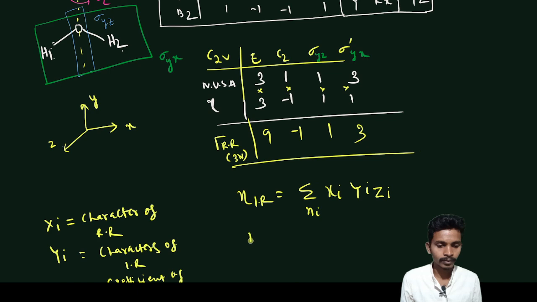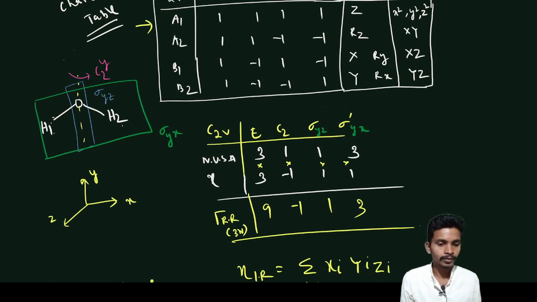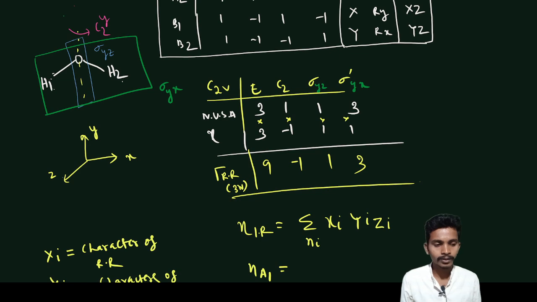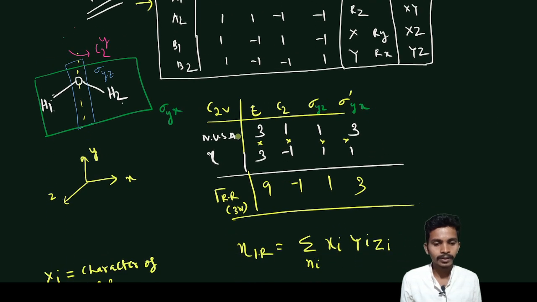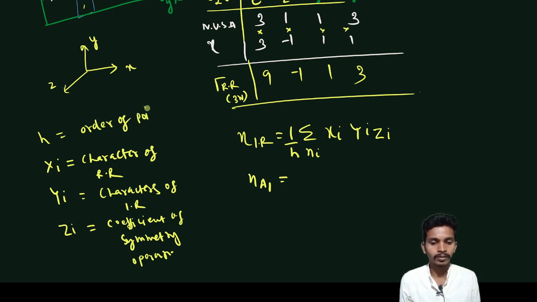Let's calculate for A1. First is the characters of reducible representations. Oh, sorry, here h is the order of the point group.